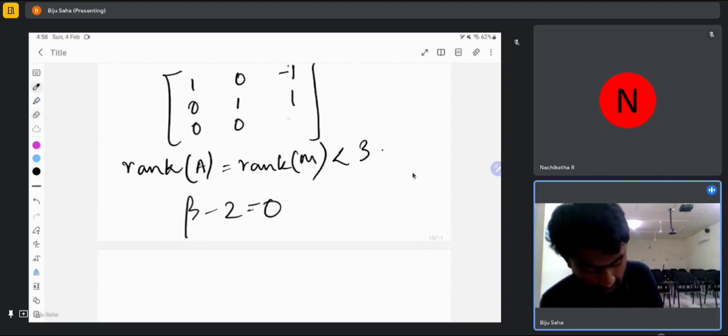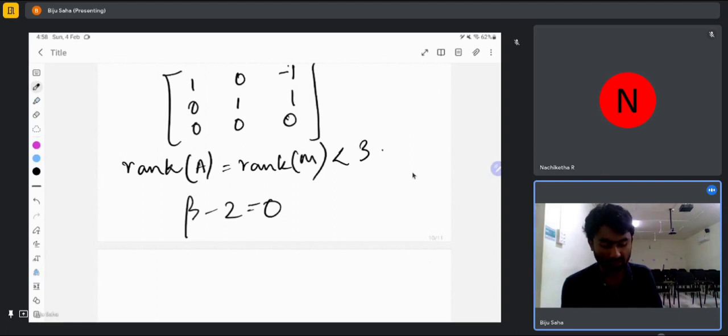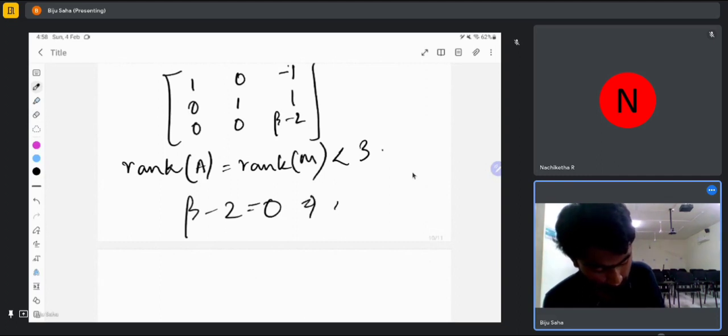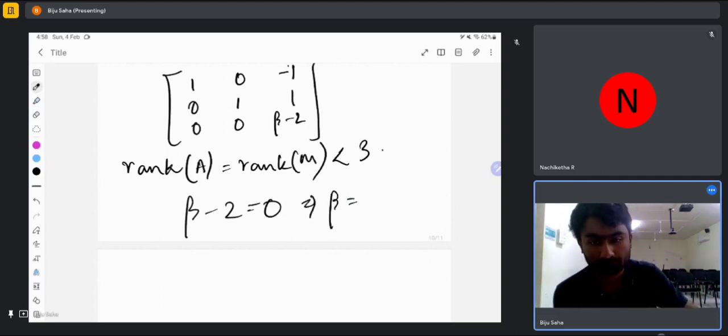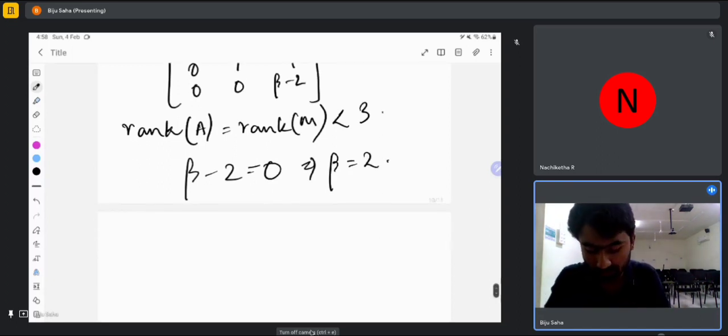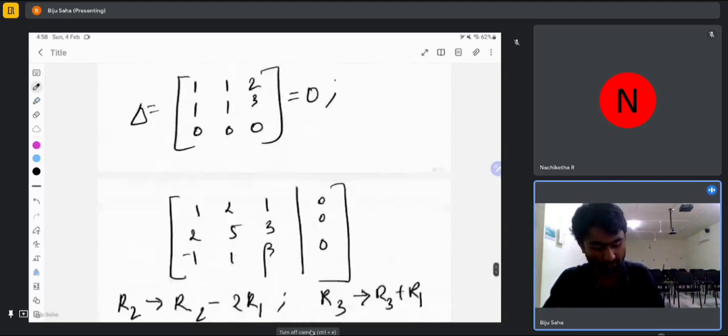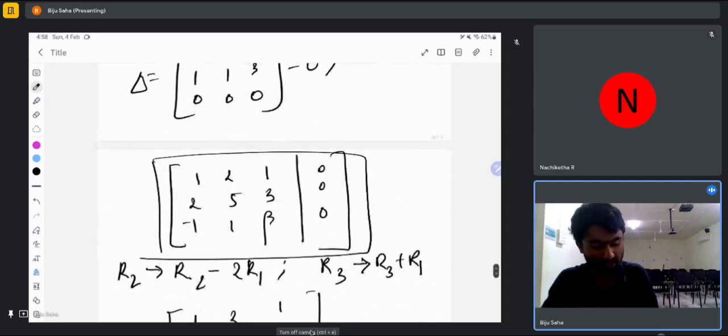That would make the rank of the augmented matrix and the rank of the matrix equal and less than 3. So for beta equal to 2, this set of homogeneous equations has infinitely many solutions.